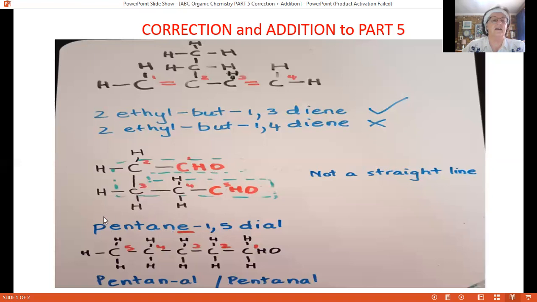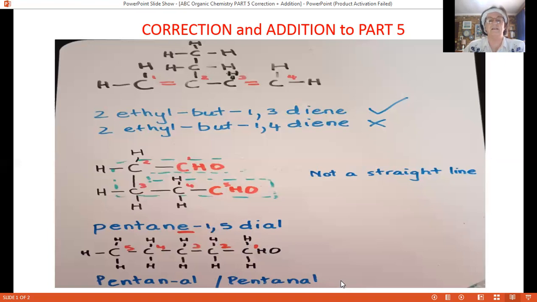So it is pentane-1,5-dial, because of the fact that it's the suffix of an aldehyde. If there would have been only 1 functional group, then you remove the E. Then it's pentane, the E becomes al, pentanal.